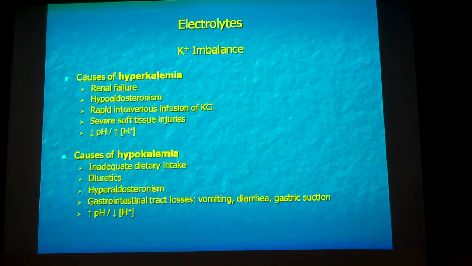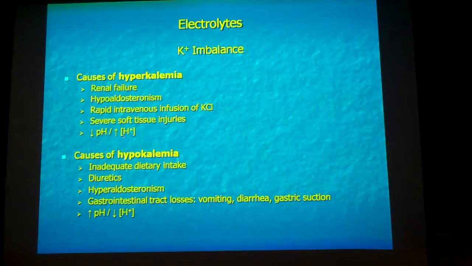We mentioned this one, rapid intravenous infusion of potassium. Severe soft tissue injuries like massive burns that destroy lots of cells and release potassium into the bloodstream really create hyperkalemia. A drop in pH. What does a drop in pH mean?